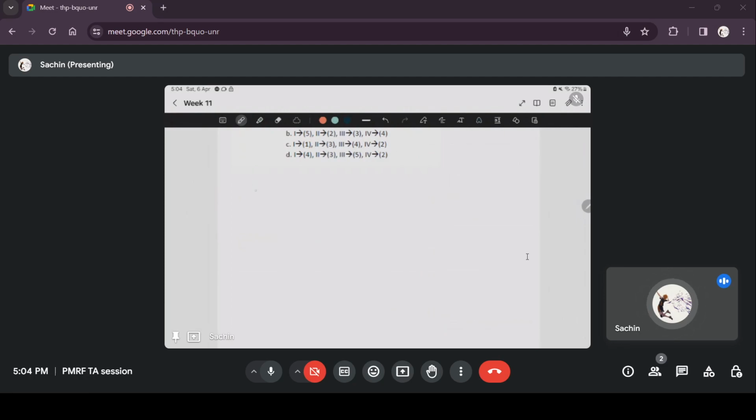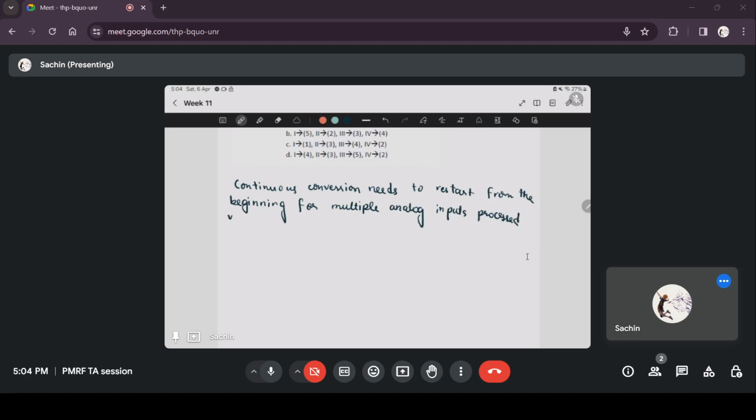Here is the solution. Continuous conversion needs to restart from the beginning for multiple analog inputs processed via multiplexing.